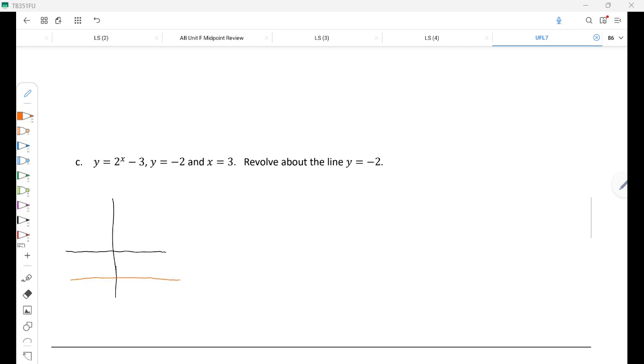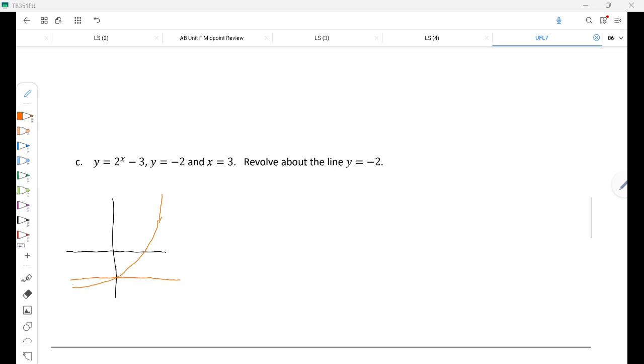So here's y equals -2. Our exponential function looks like this. And we want x equals 3. Just for sketching purposes, that's actually going to go through at 3, 5.